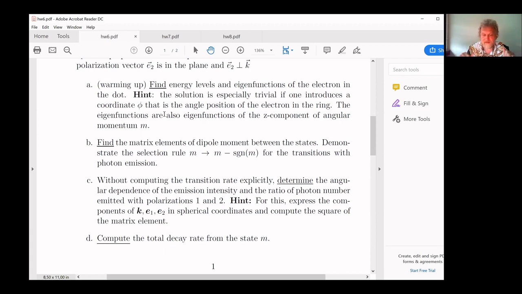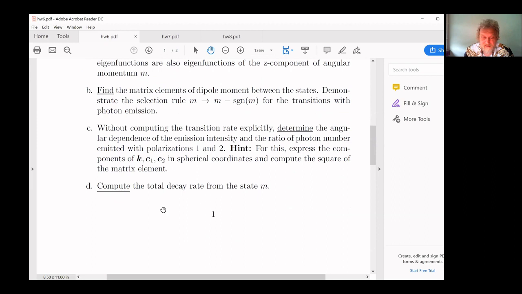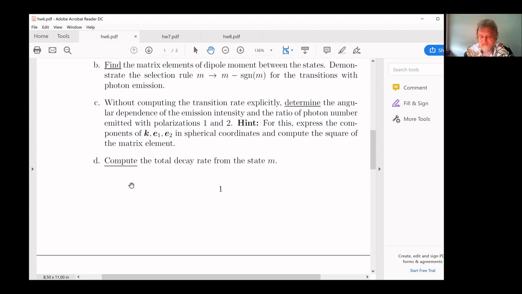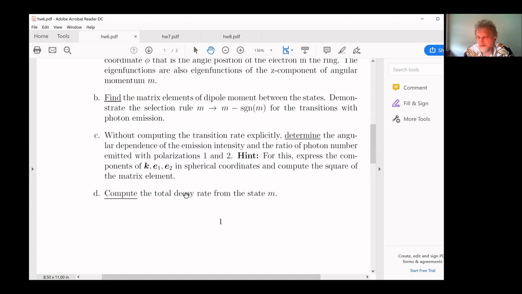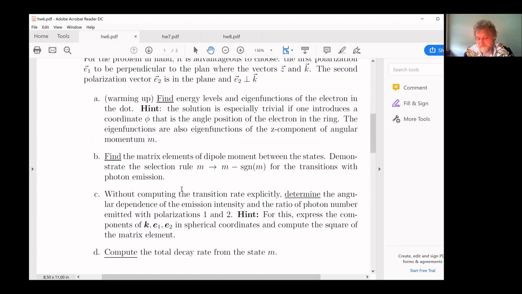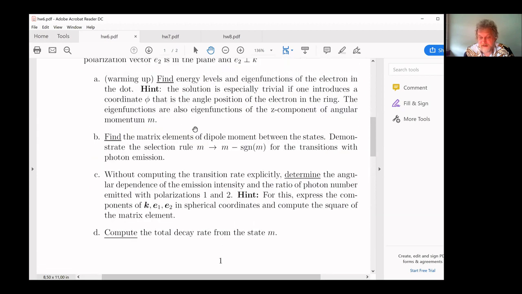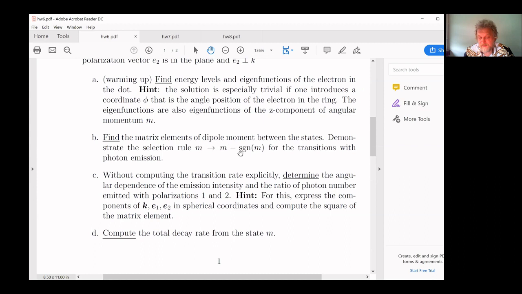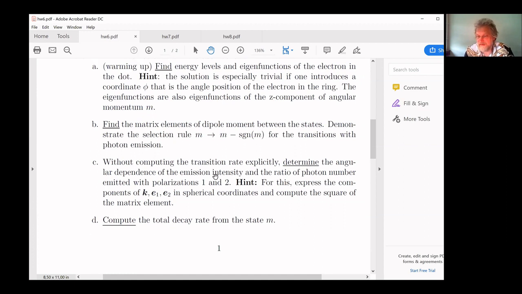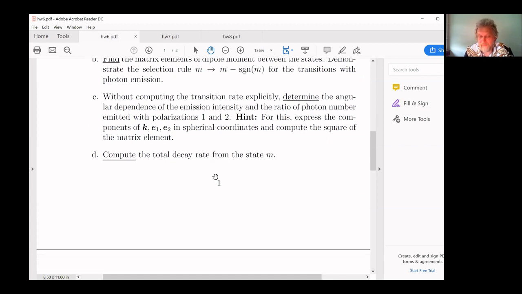Only after all these exercises, there's a central point. One needs to compute the total decay rate, actually from an arbitrary state M. But since state M can only decay to the one below, this is not a big problem.